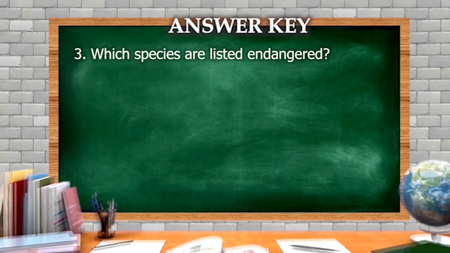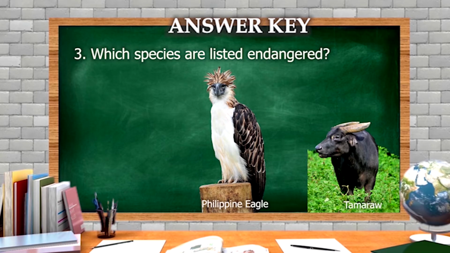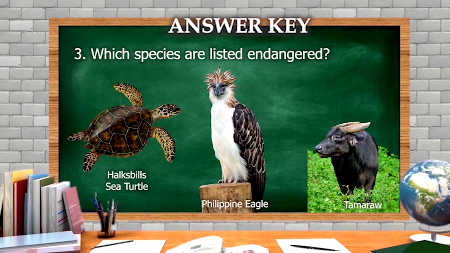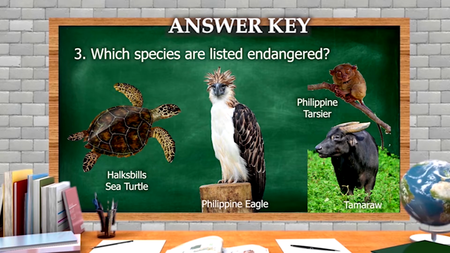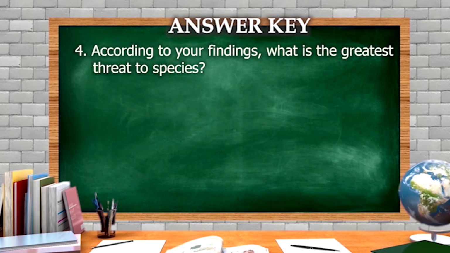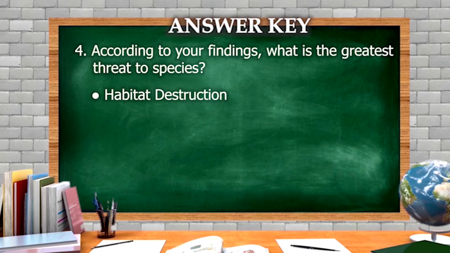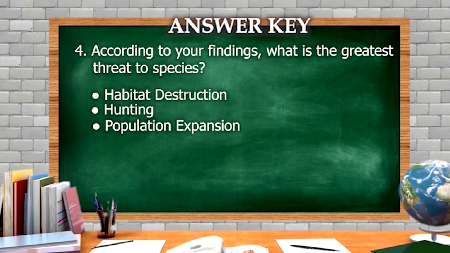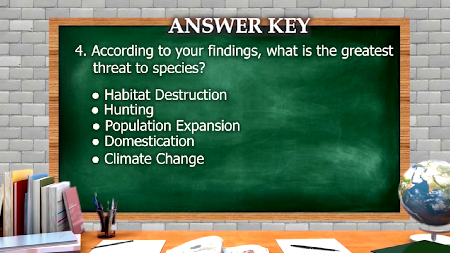Number 3. Philippine eagle, tamaraw, hawksbill sea turtle, and Philippine tarsier are endemic animals that are listed endangered. These animals need special attention from humans. They are the ones vulnerable to extinction. Number 4. Habitat destruction, hunting, population expansion, domestication, and climate change.